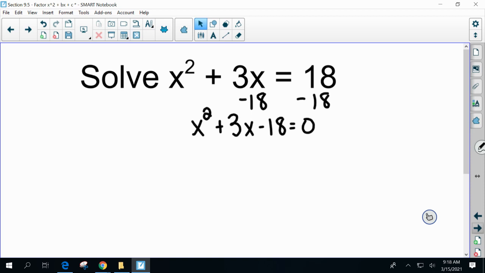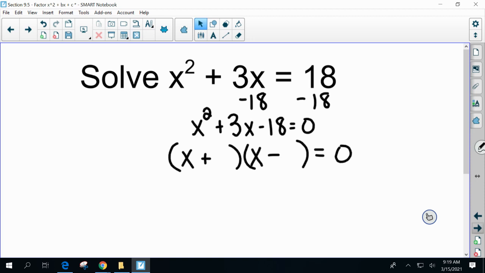So my signs are plus, minus. So I'm gonna write my signs as plus, minus. And then I have x, and it's still equal to 0. And then I'm looking for factors of 18 that have a difference of 3. 6 and 3.